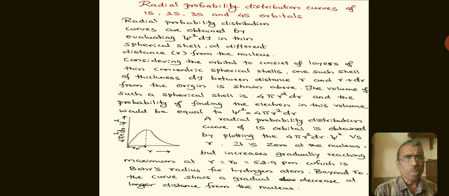For 1s orbital, it is 52.9 picometer, which is nothing but the Bohr's radius for hydrogen atom. Beyond r naught, the curve shows a gradual decrease at longer distances from the nucleus.